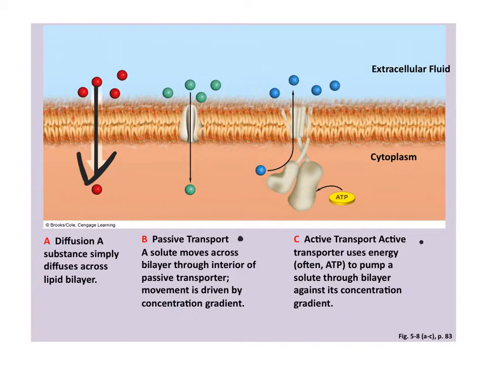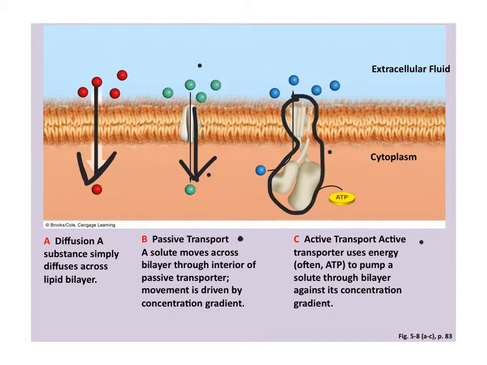So again, whatever these little green balls are supposed to represent, there are more of them out here than there are inside, and so it moves with the concentration gradient. No energy is required.